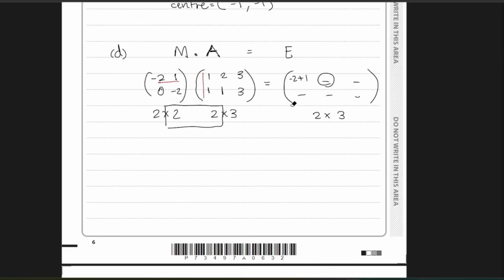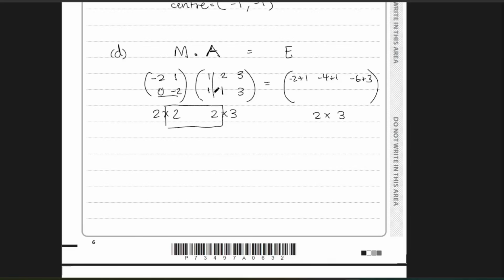So to get the value of this position, we'll have to multiply the first row of the first matrix with the second column of the second matrix. So -2 times 2 is -4. 1 times 1 is +1. And we'll do the same for the rest. -2 times 3, -6. And 1 times 3 is 3.